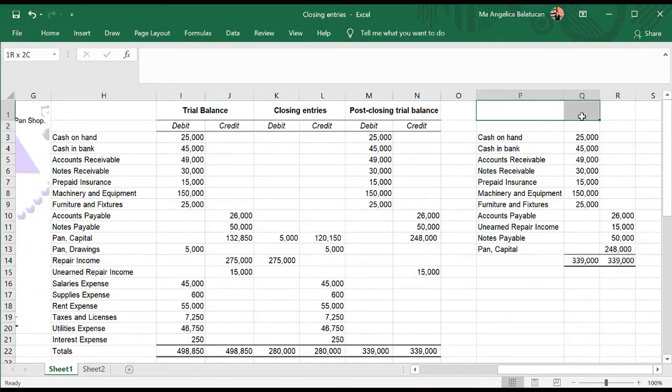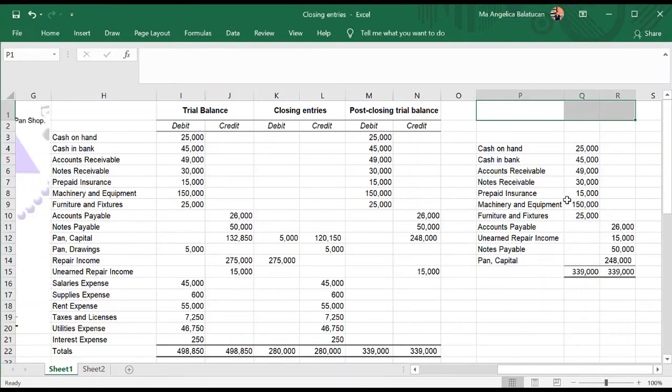Okay, so we're going to place the heading. So this is the company name. Okay, we're a little short on space. So this is Peter Pan shop, and this is our post-closing trial balance. So we need more space.